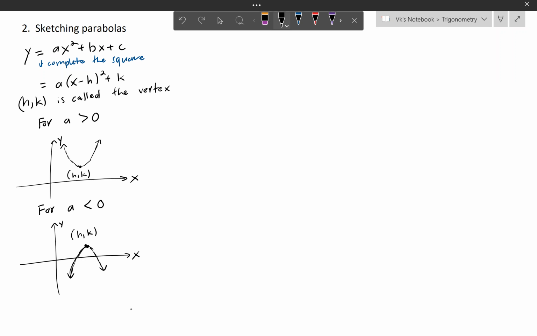Okay, because the parabola is an equation, we can write the equation in terms of x instead. So we'll have x equal to ay squared plus by plus c.